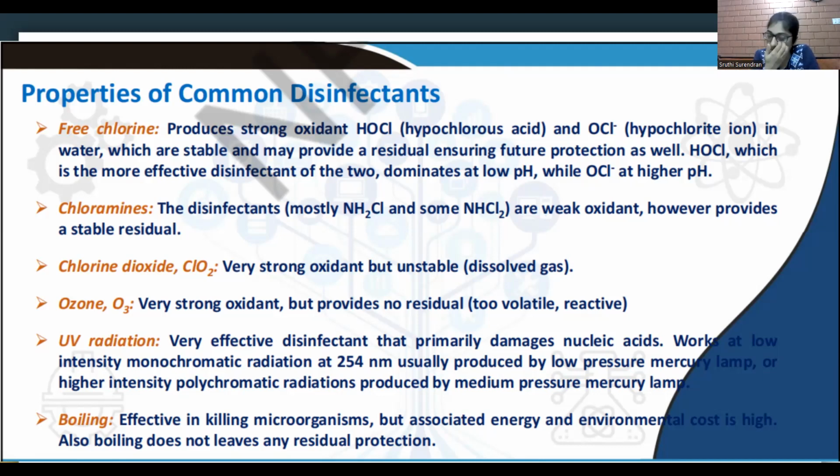That is the chemical reaction that is occurring in the water. Chloramine is going to produce a byproduct, a residual, which will help in disinfection in the future. All products of chlorine, that is pre-chlorine, chloramines, chlorine dioxide, form some form of residual. But ozone, UV radiation, and boiling are not going to provide any residual.